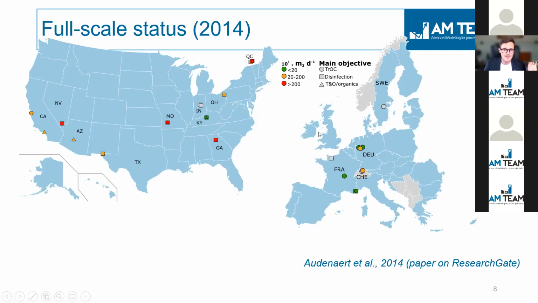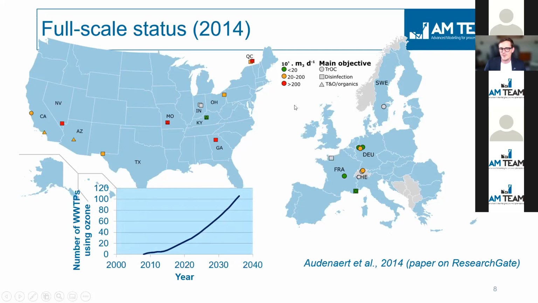But there is a big difference in applications. The bullets here are focused on trace organic removal, which is especially Europe. And then the squares are focused on disinfection or are more water reuse related. And this is, of course, the big trend in the US. Similar applications, in how the plants look, but very different in terms of what you want to achieve.